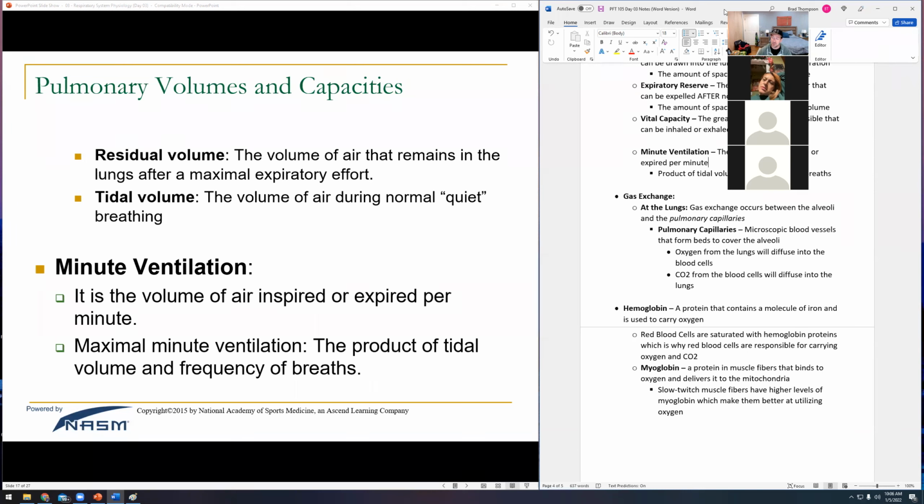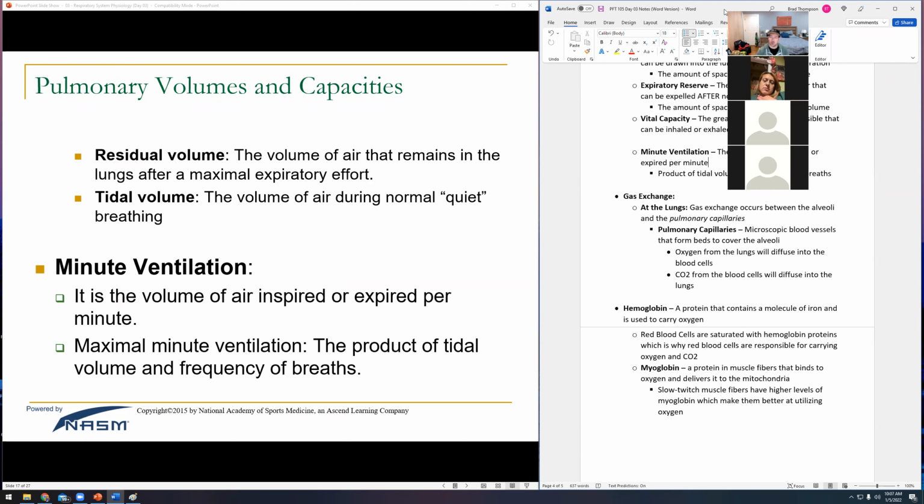That's how your heart works. The stronger your heart is, the farther it's able to squeeze, the more blood it's able to eject. That's your stroke volume. So the overall function of your heart is those things multiplied together: how much blood is being ejected per beat and how many beats are happening per minute.